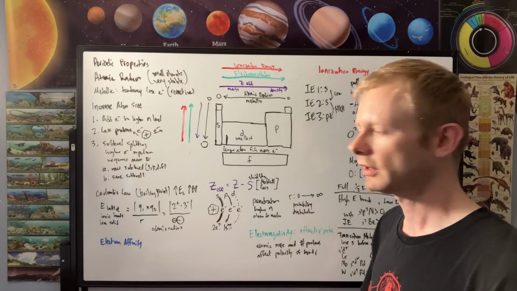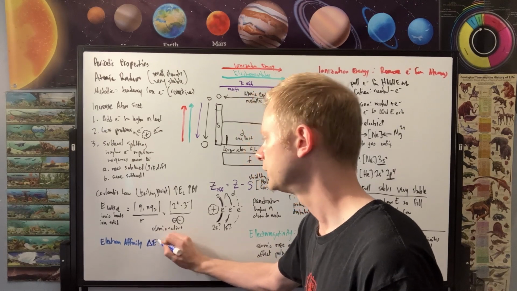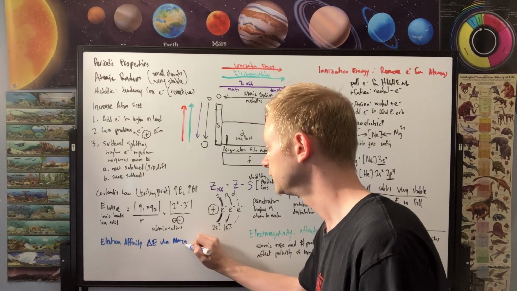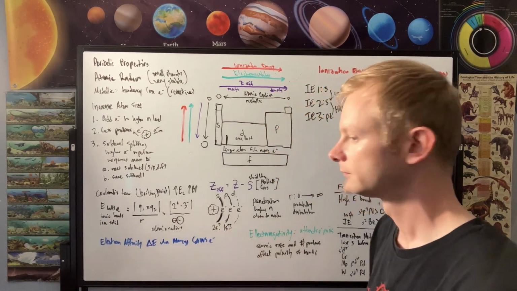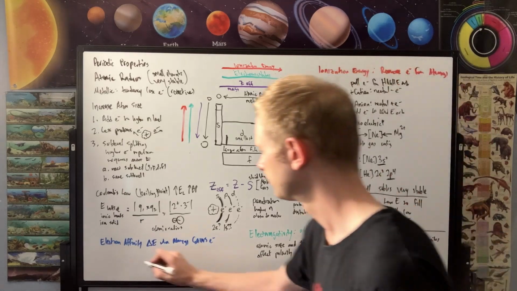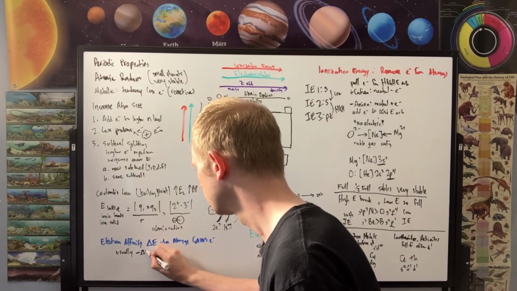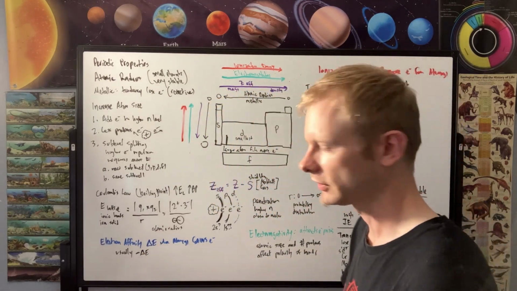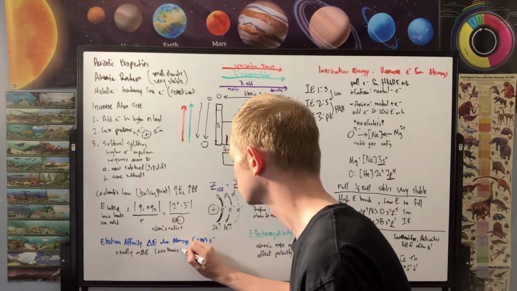The last trend is going to be electron affinity, and this is the change of energy when an atom in its gaseous state gains an electron. Usually, the energy would be negative because we're trying to achieve a lower energy state. We're trying to lose the energy. This would be an exothermic process when we're gaining electrons.